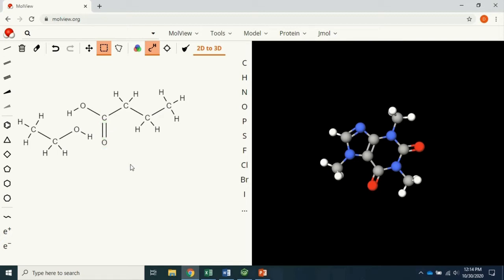In the reaction of esterification, the OH of the acid will combine with the hydrogen of the alcohol to form water, and the new structure on combination will be like this.